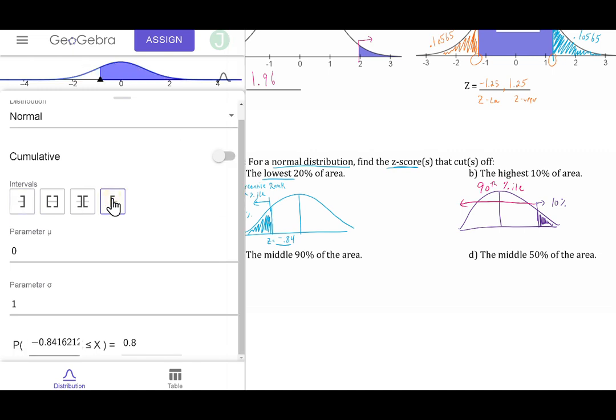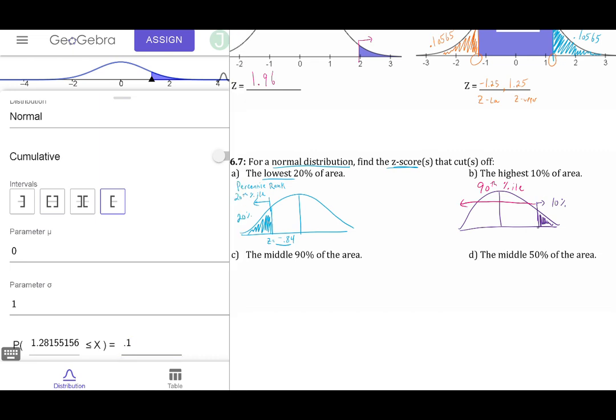I'm just trying to build the framework for future examples where we'll deal with percentiles. But for right now, we're just going to choose the right shaded region and change the area to 0.1. And we'll get that the z-score here is 1.28.